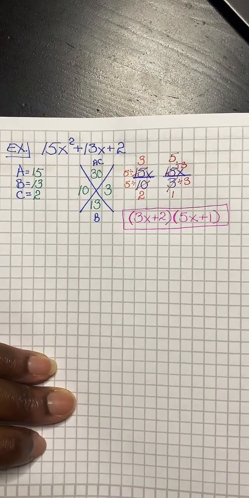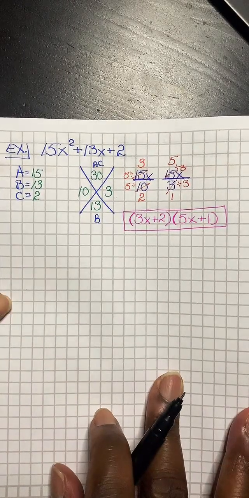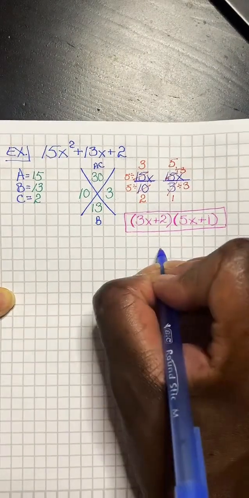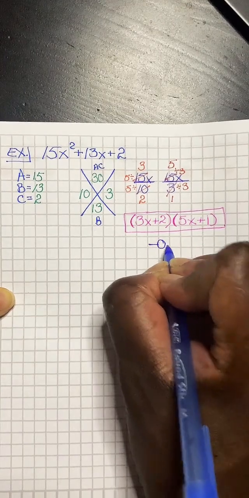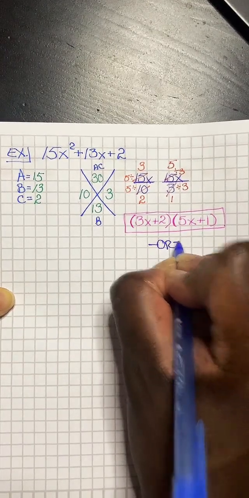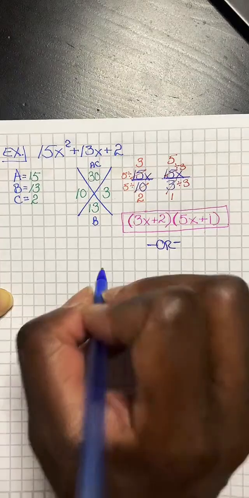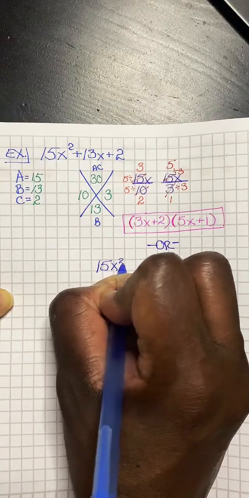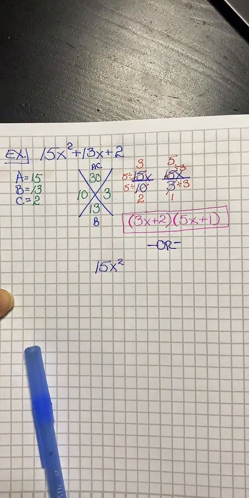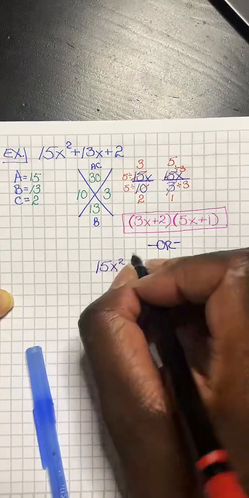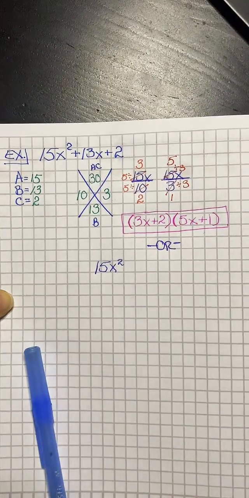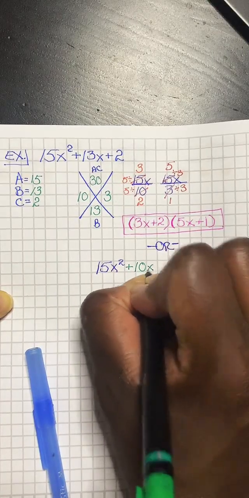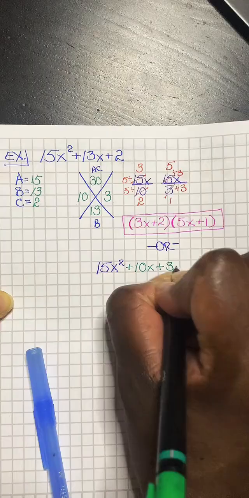Now, if you wanted to do it with the grouping, okay, not a problem. So I'm going to write the word or. When you do these on a test, please don't do both, just pick one which suits you. Okay, so we have our 15x squared, but instead of that 13, we're going to put our plus 10x plus 3x.